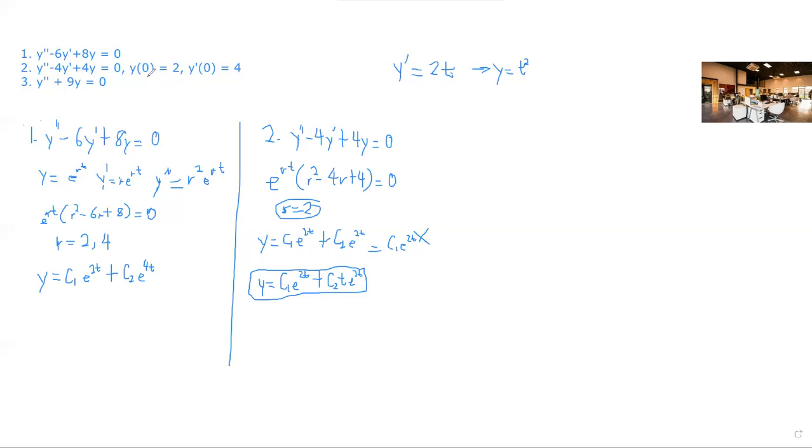I want to add some initial conditions just for fun, so you give a definitive value for C1 and C2.